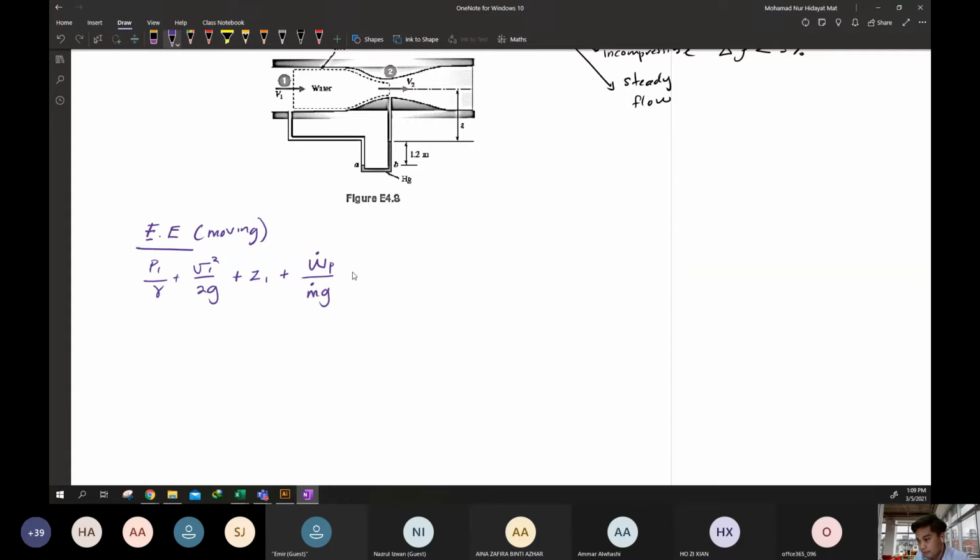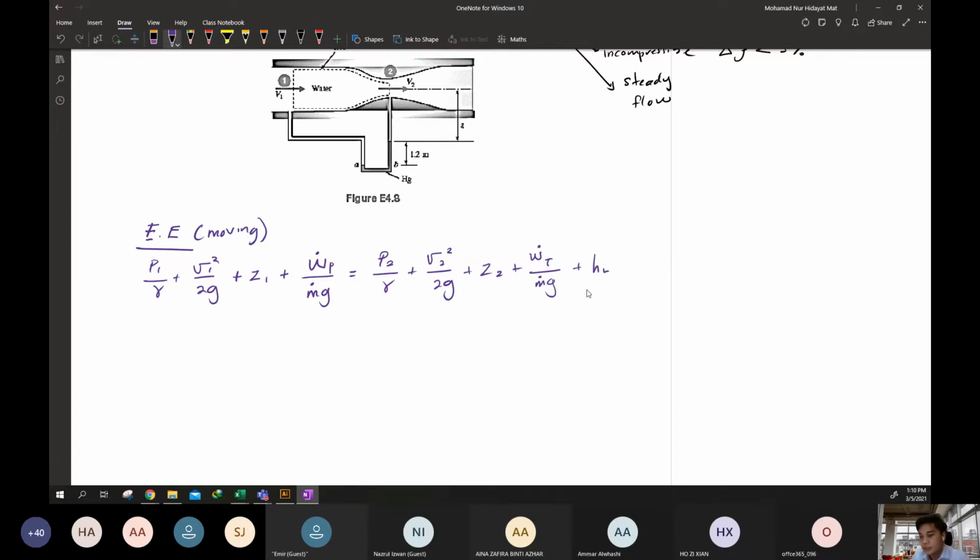over m-dot g equals, when you deal with this energy equation, write all the terms, remember, and then you can cancel out. And then this is work from the turbine, power from the turbine, over m-dot g, plus heat loss.